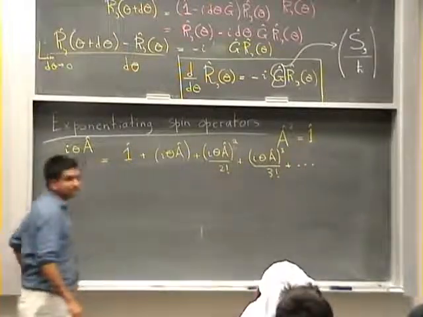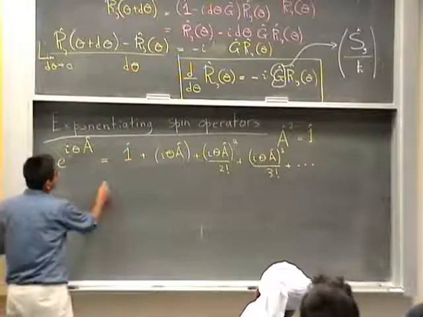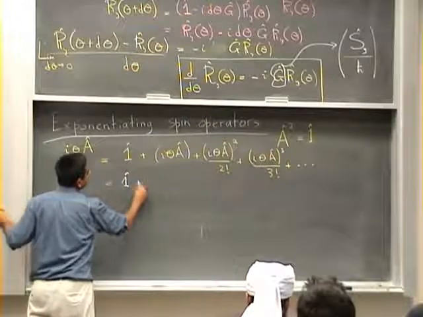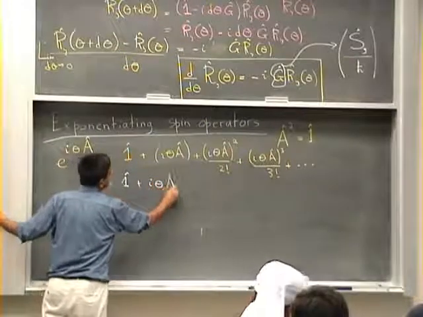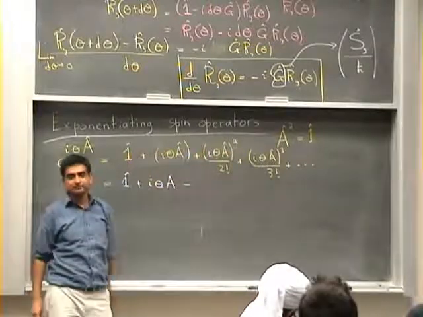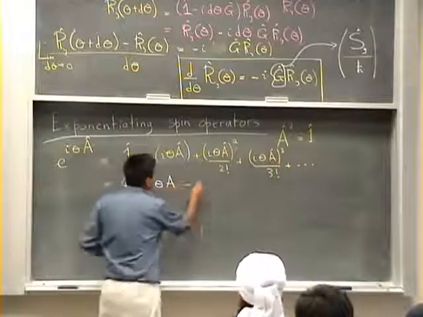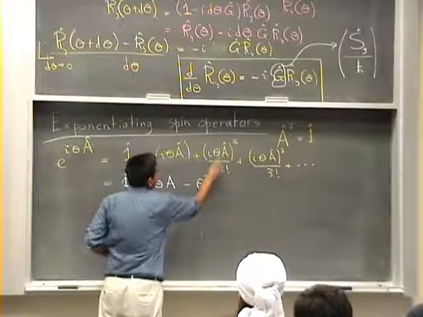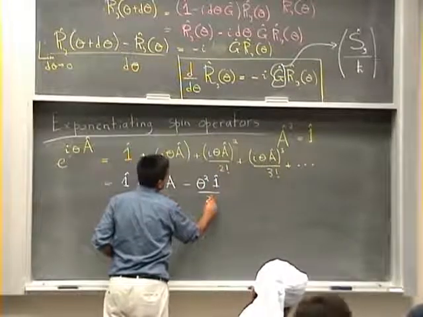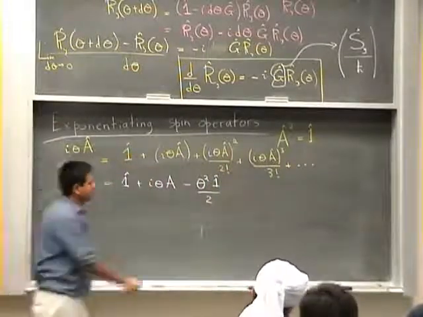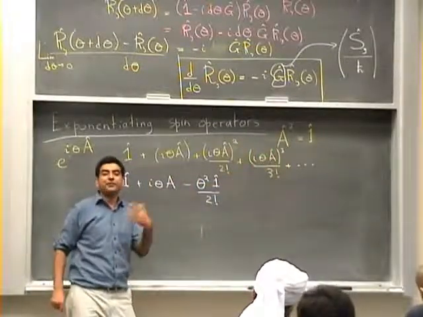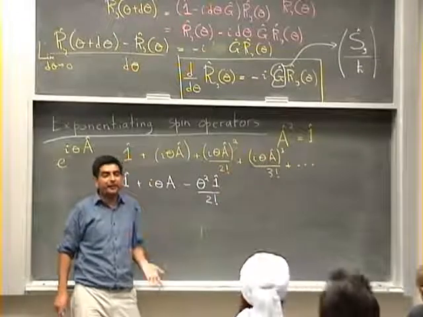Okay? This means identity plus I theta A. Now let's look at this expression. I square is minus 1. Theta square is theta square. A square is identity, over 2 factorial, okay? Now let's look at this. I cube is I times I square, which is minus iota.